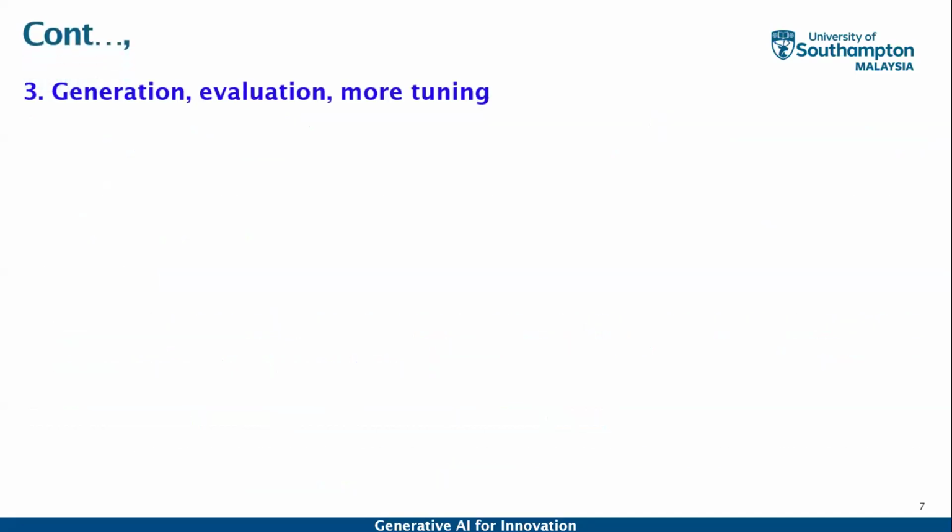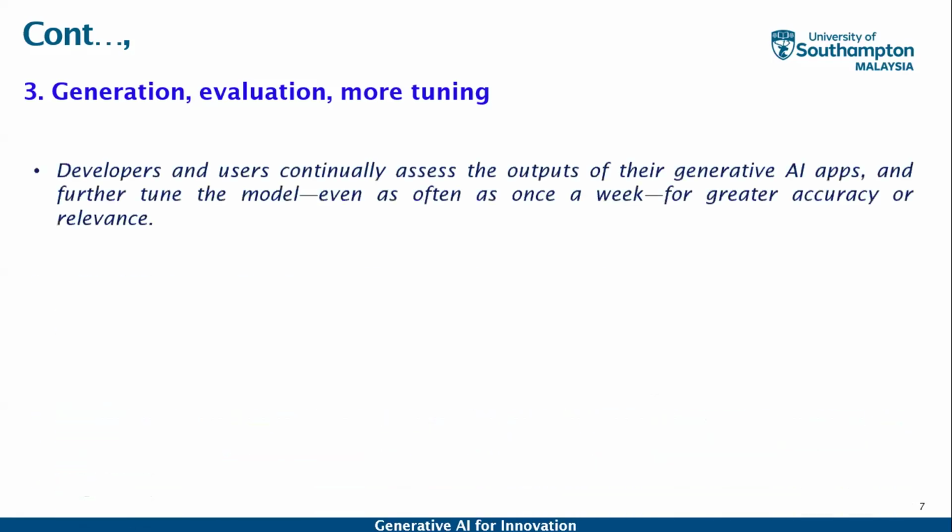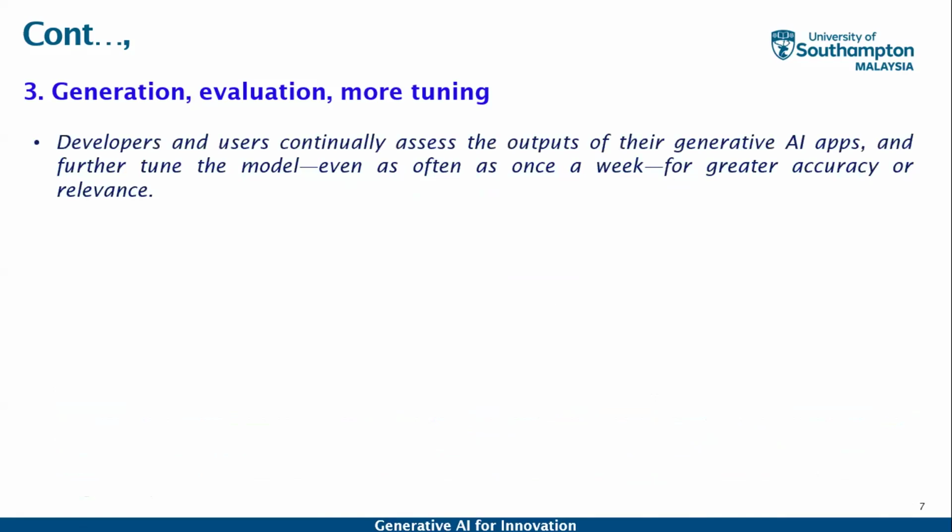Coming to the third, that is generation evaluation and model tuning. What we are doing is generating, and immediately after that we are also producing some information. Here, when we talk about developers or users who are continuously accessing these apps or systems, how exactly are they going to do it? In simple words, I can call it retrieval augmented generation, correct?